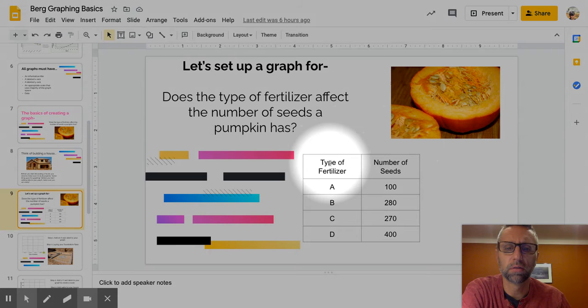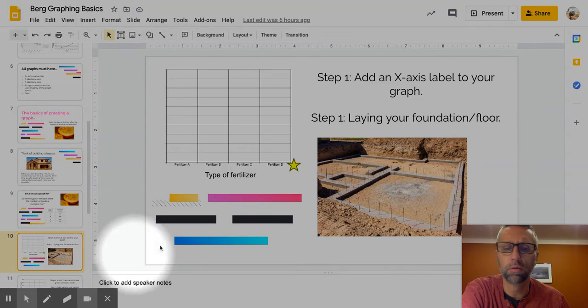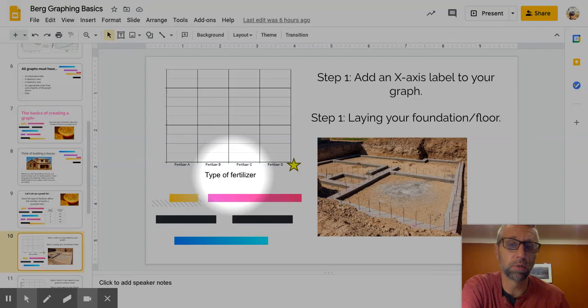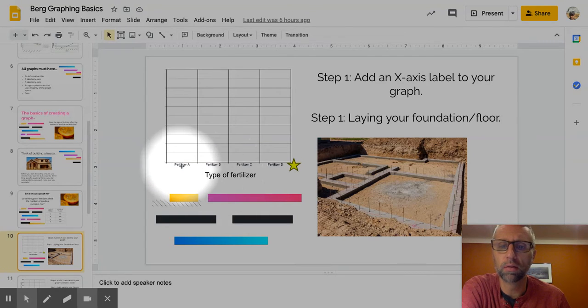This right here, what's in the top left corner, is always going to go onto the bottom of our graph because that's what we're comparing. And you can see, okay, well, in general, I'm looking at types of fertilizer. We're telling the person reading our graph, this is what we were comparing. And we then list, well, we had 4 different types, and we put that across the bottom. That's step 1.